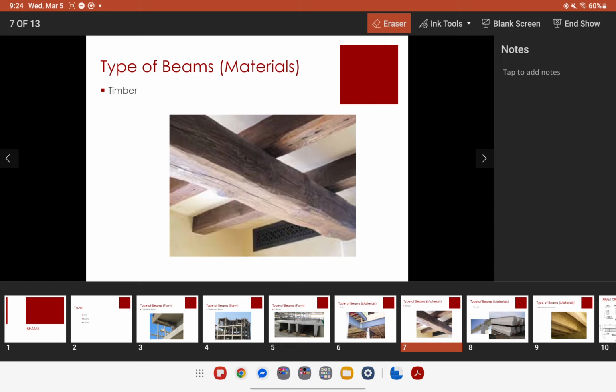So timber beams are considered an architectural element.